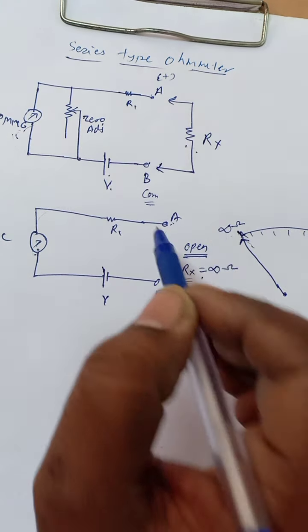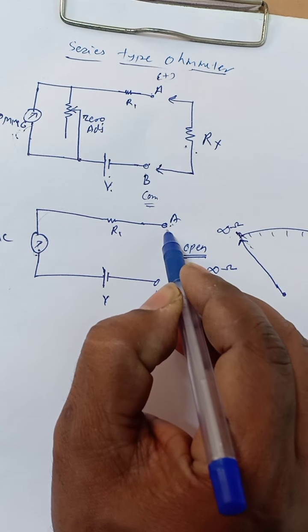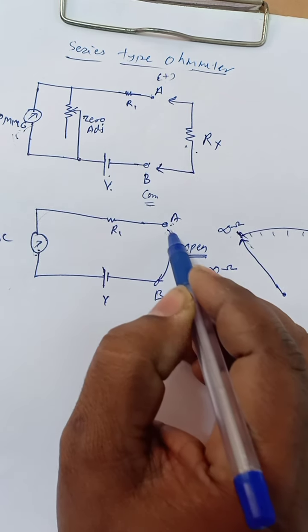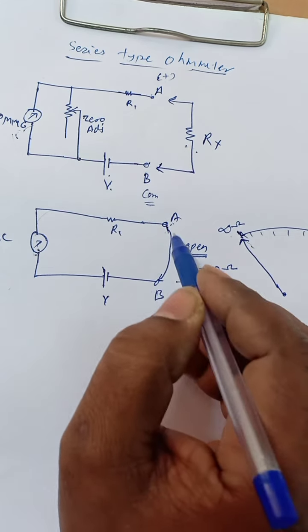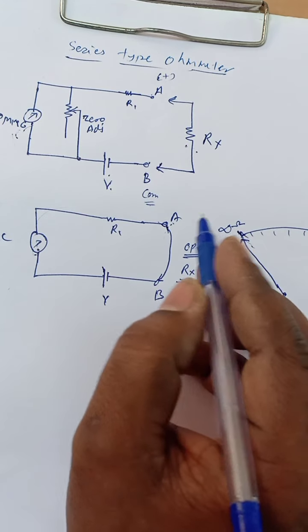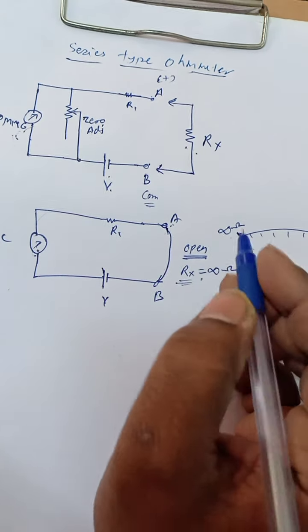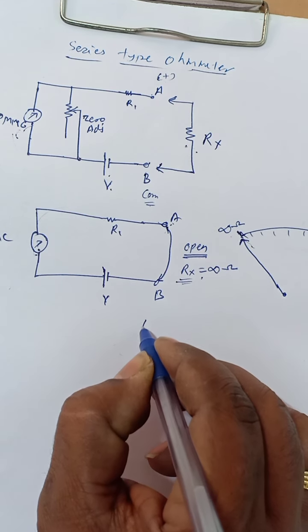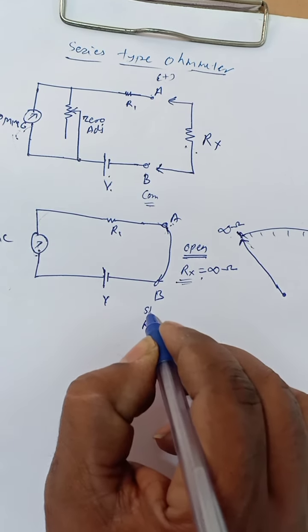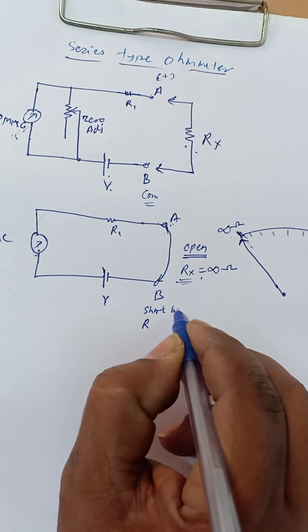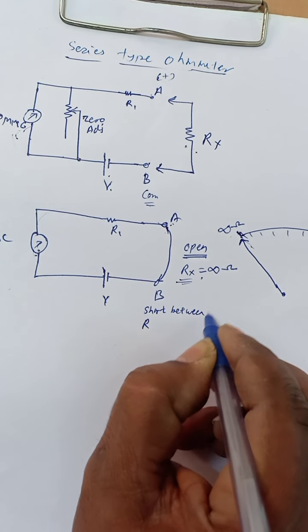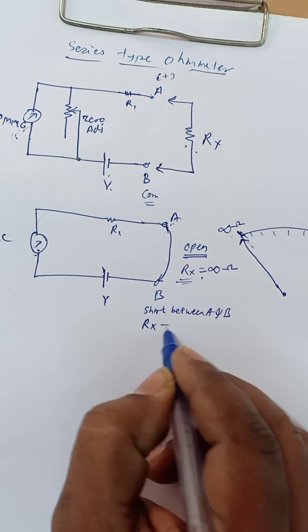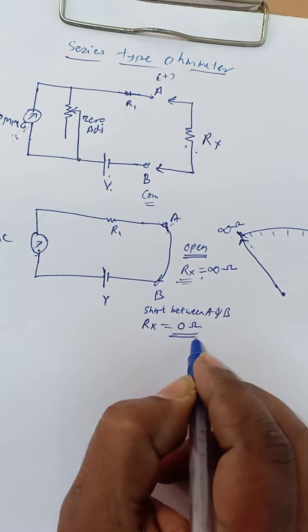Now if we make a short between A and B, that is, A and B are connected to each other, it indicates that Rx equals 0 ohm.